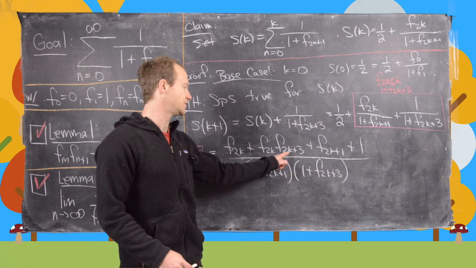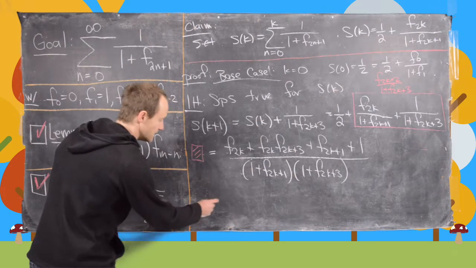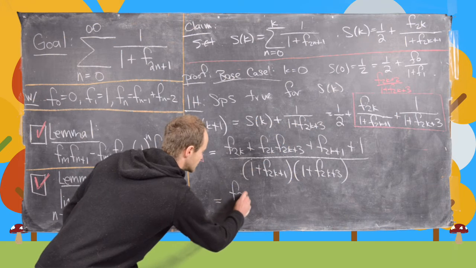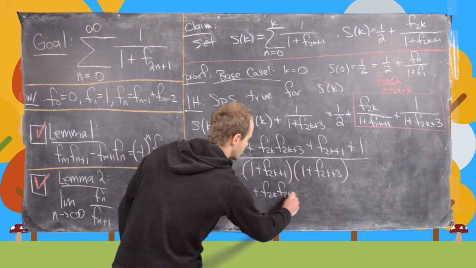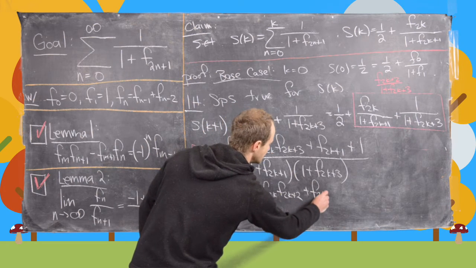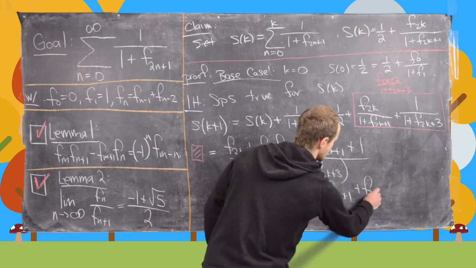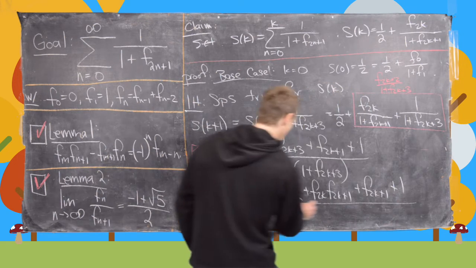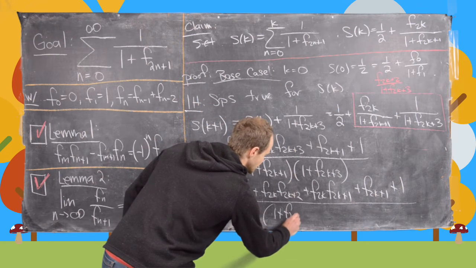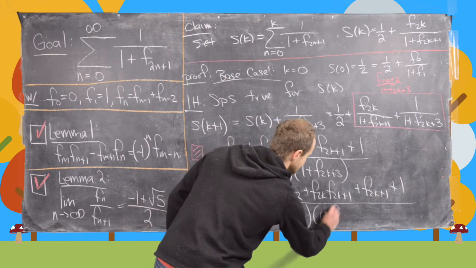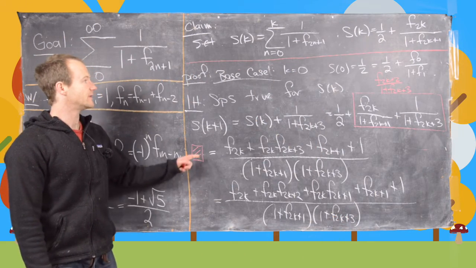So I'll write f sub 2k plus 3 as f sub 2k plus 2 plus f sub 2k plus 1. That's going to give us f 2k plus f 2k times f 2k plus 2 plus f 2k times f 2k plus 1 plus f 2k plus 1, over our same denominator, 1 plus f 2k plus 1 plus f 2k plus 3. Okay, good. Now we have that.